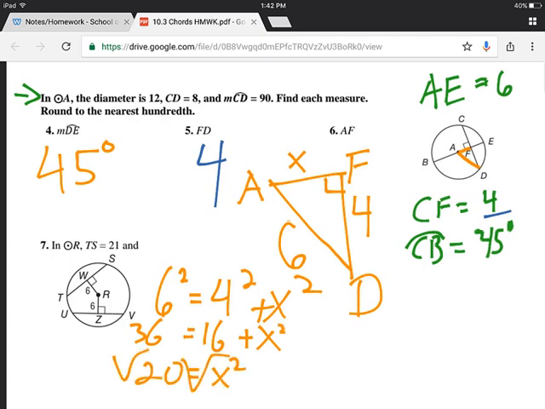Square root it. X ends up equaling, let's put it in decimal format, 4.47. And that's the distance of AF.